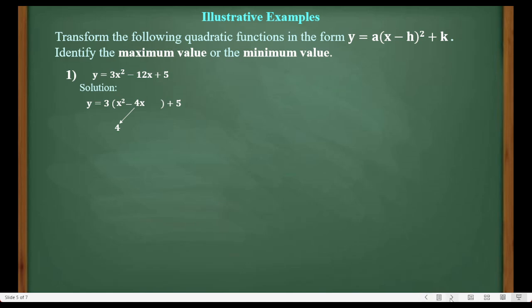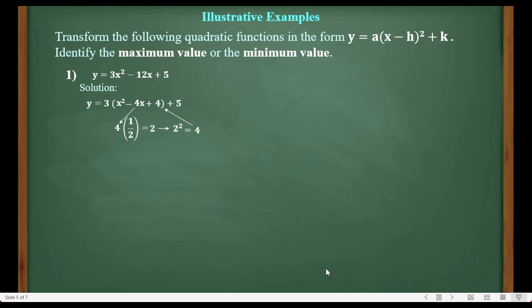We take half of that, so multiplied by 1/2, we know that the result is 2, and the result 2 is to be squared, and we have 4. And this one right here is actually the missing third term to be placed here. So it's plus 4.